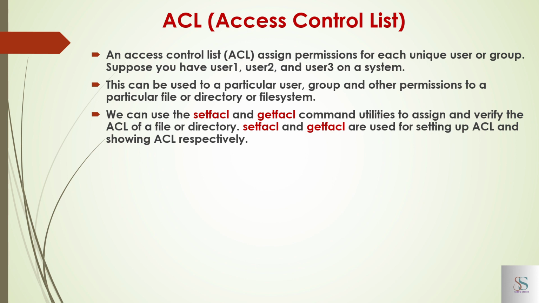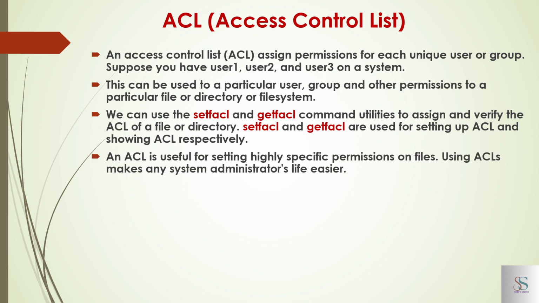Setfacl and getfacl are used for setting up the ACL and showing the ACL respectively. If you want to see the particular permissions of the file or directory, we can use getfacl. If you want to modify or remove, we can use setfacl.